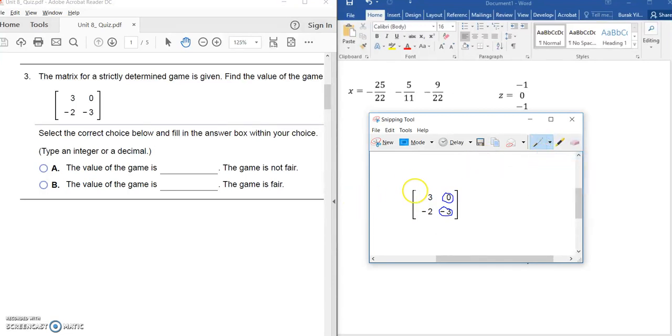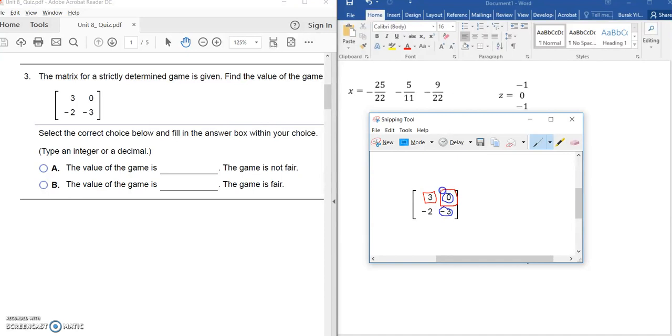So with columns, we need to not circle, we need to put a box. So 3 is the larger number in column 1, and in column 2, 0 is larger than -3, so we put a box around 0.